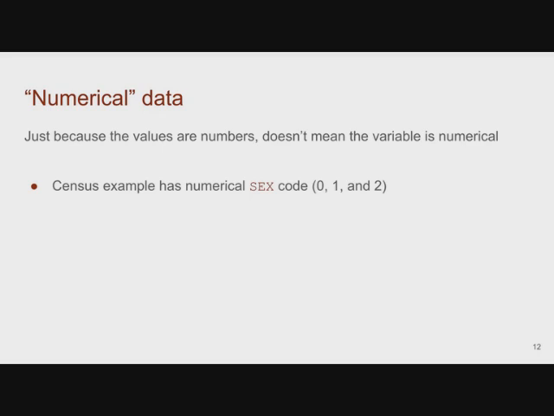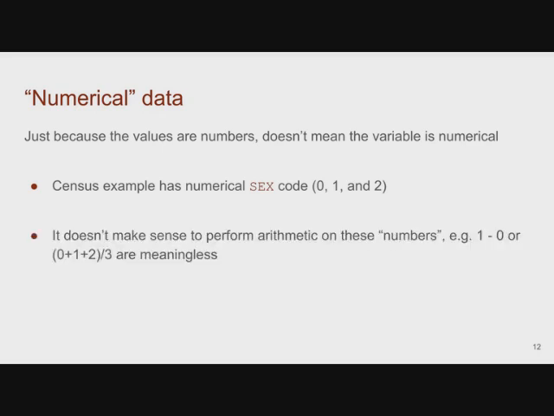Remember, these represent males and females. Subtracting one from another, the operation doesn't compute. How do you subtract a male from a female? So just because something has a number doesn't mean that arithmetic is valid on that column if that column is in fact categorical.